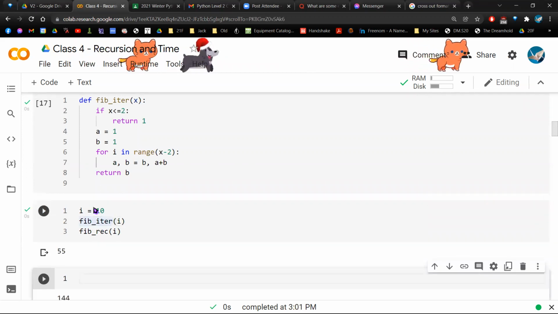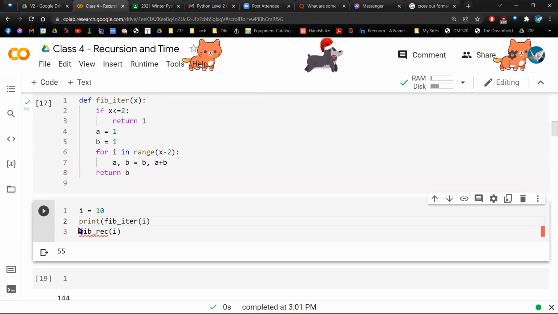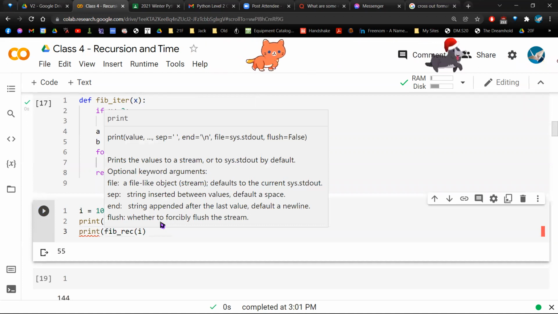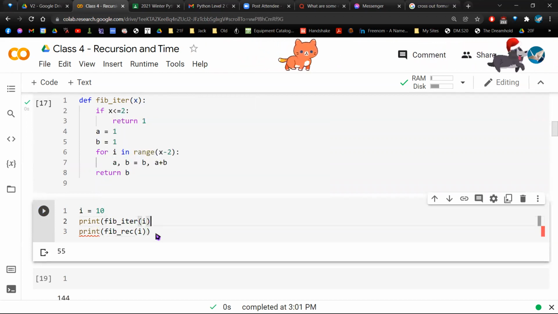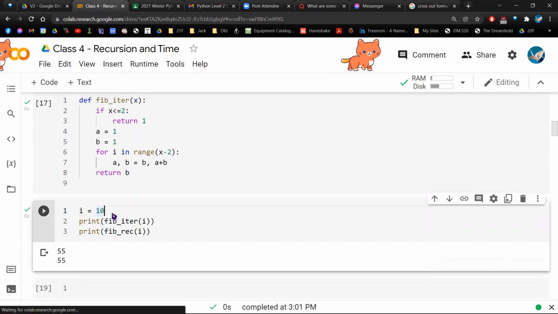For something like 10, they both run pretty much instantly. Neither one has any sort of issues calculating the 10th Fibonacci number. And so if we do this, both of them say 55, this is great.